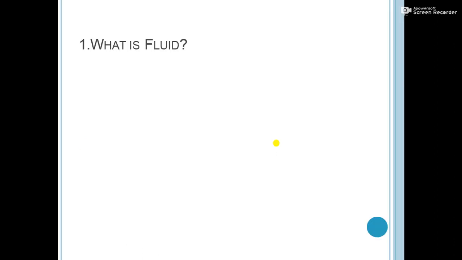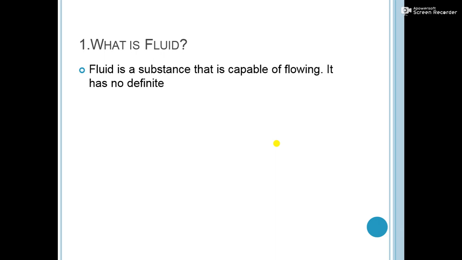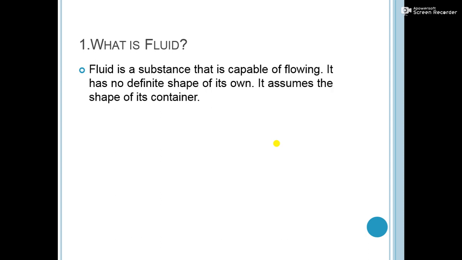Now what is fluid? Fluid is a substance that is capable of flowing. It has no definite shape of its own. It assumes the shape of its container. So, the substance which can flow is known as fluid.